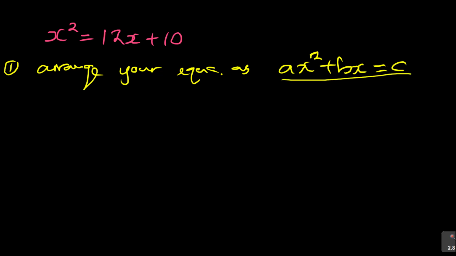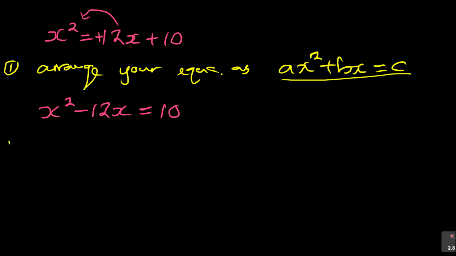So let's do that one. When you arrange it, you can see that the other x is on the other side, so it will be x squared minus 12x, because from positive it becomes negative, is equal to 10. That's step number 1.